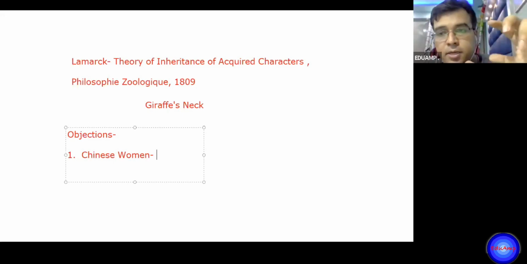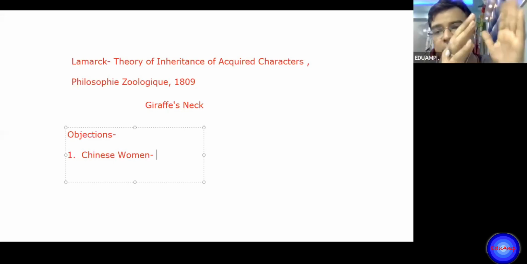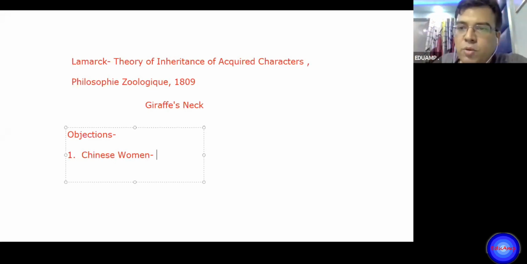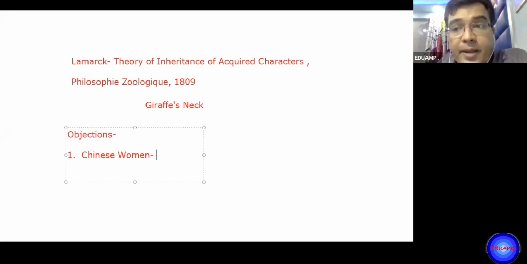If this theory of Lamarck is correct, the Chinese women, since they wear iron shoes, their feet become very, very small as compared to other women, like Italian women or American women or Indian women. But if this theory is correct, the feet of their babies or offsprings should be smaller than the feet of normal babies. Does it happen?